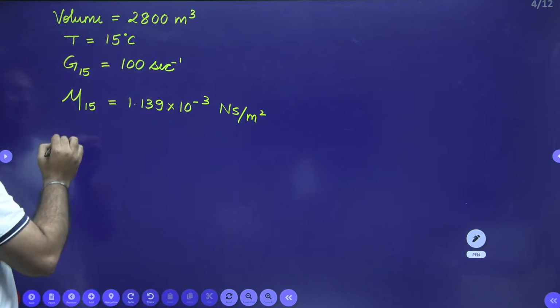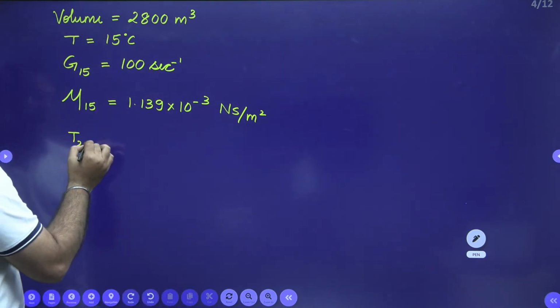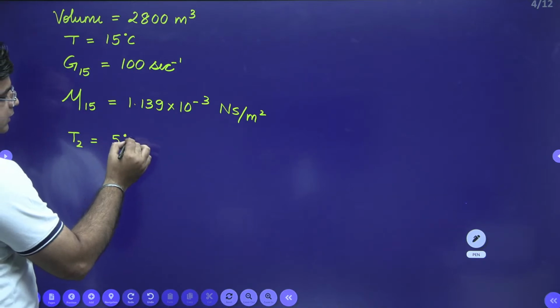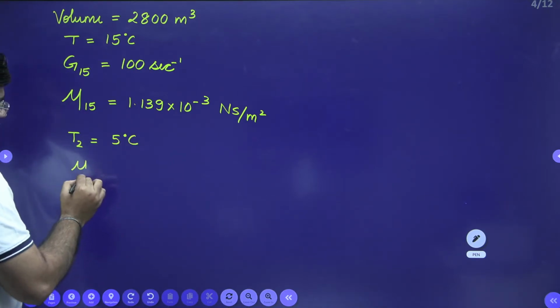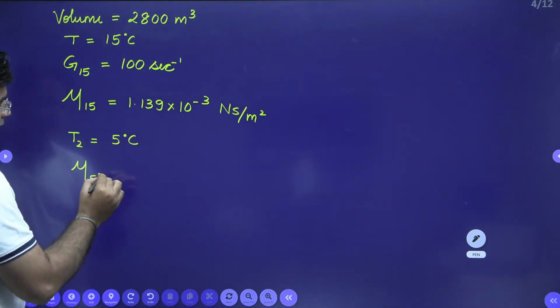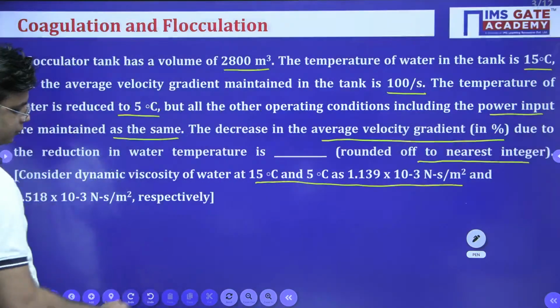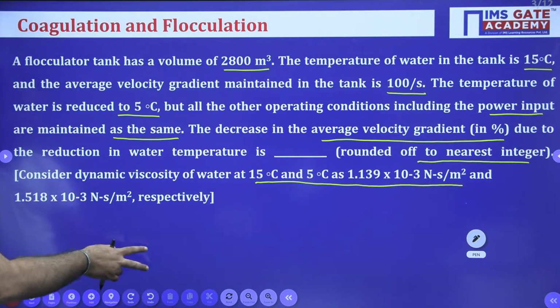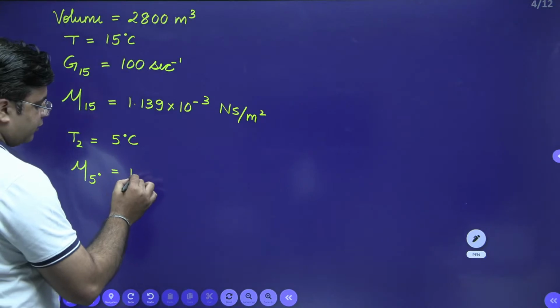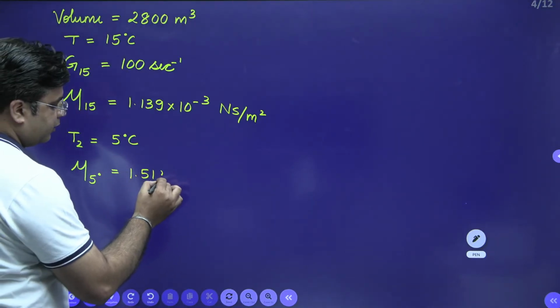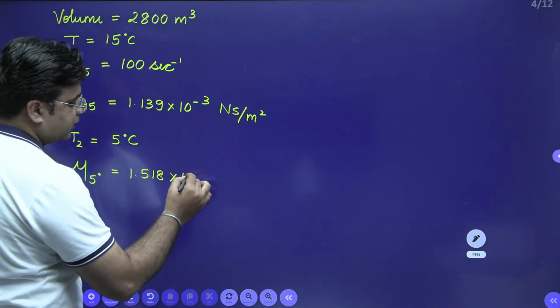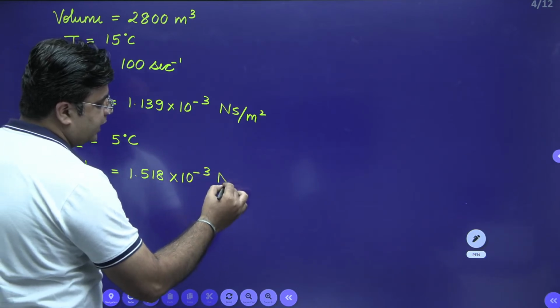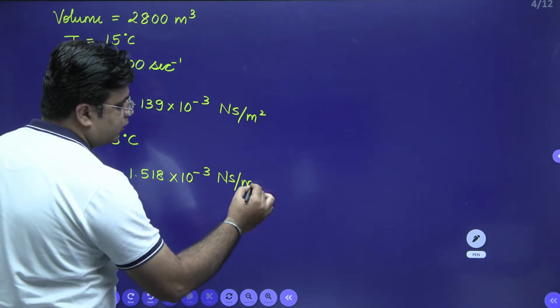The temperature is reduced, T2, to 5 degrees Celsius, and the dynamic viscosity at 5 degrees Celsius is 1.518 into 10 raised to the power minus 3 Newton second per meter square.